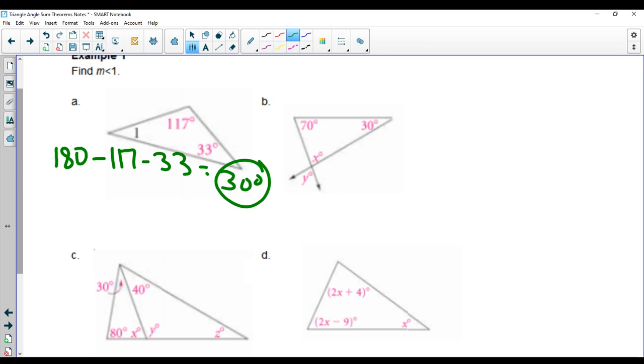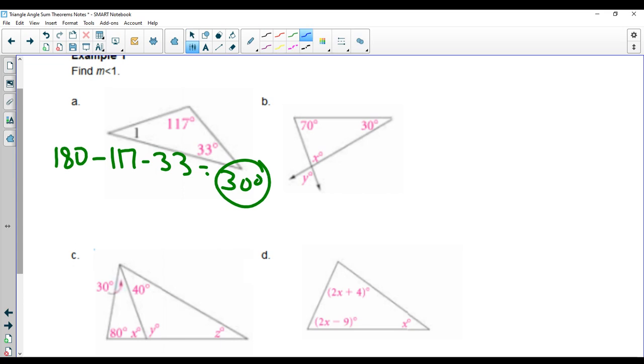And honestly, I'm perfectly okay with that. So if you want to be super quick about it, just do what I've got written here, 180 minus 117 minus 33. That'll get you the 30 degrees. Or if you want to be more technical, you could do that equation I wrote earlier. Either way works for me. I don't really care.